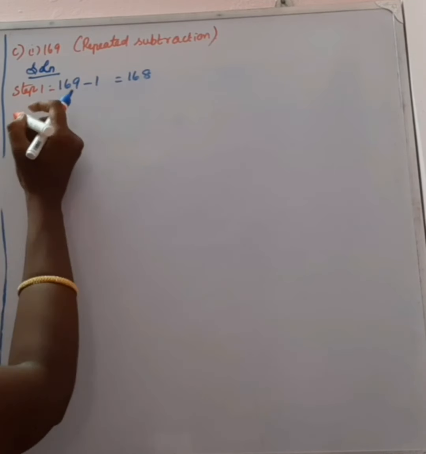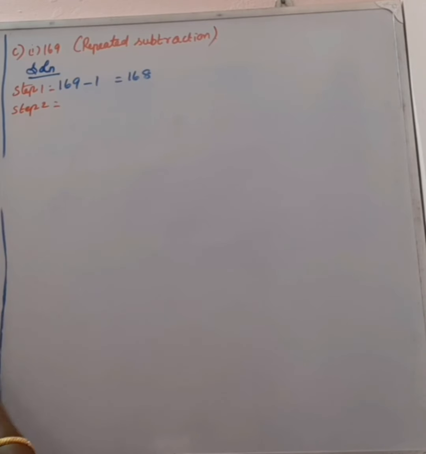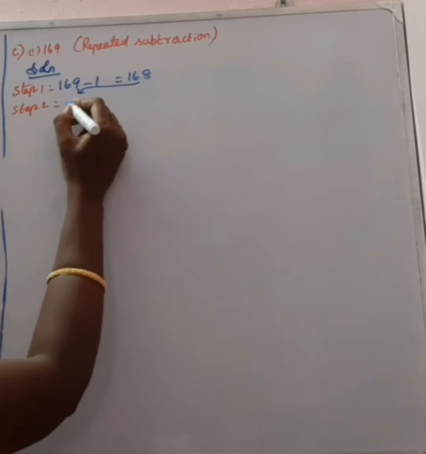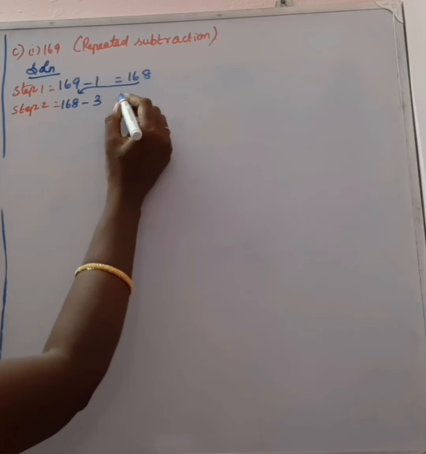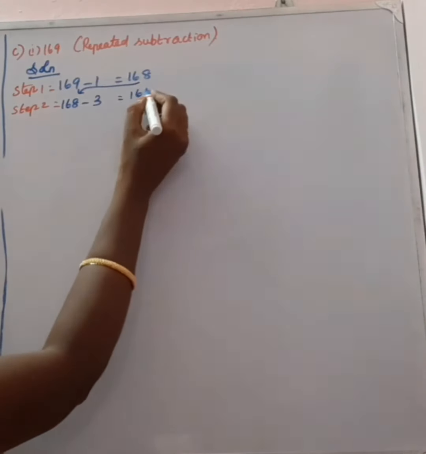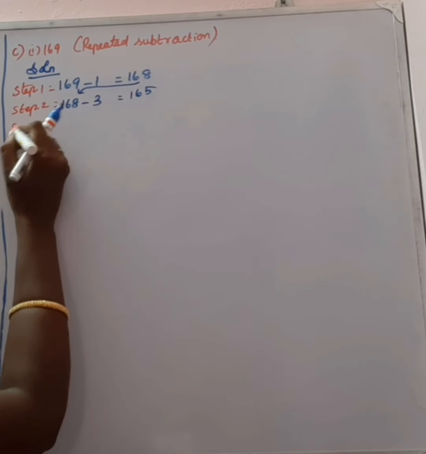Then step 2. Whatever the answer coming here, we want to take over here. So 168 minus 3. The next odd number is 3. So what we get? 165.